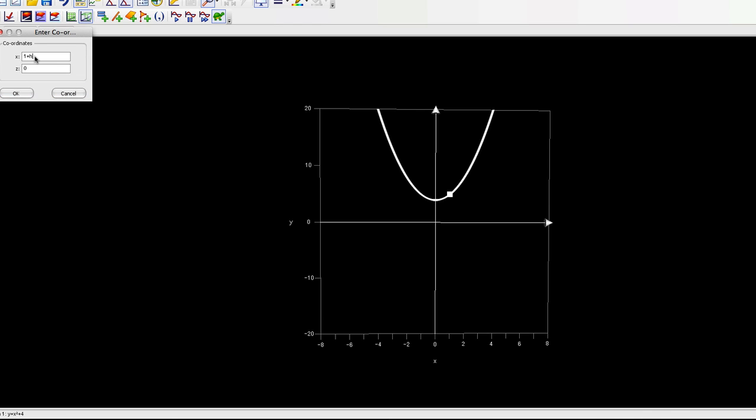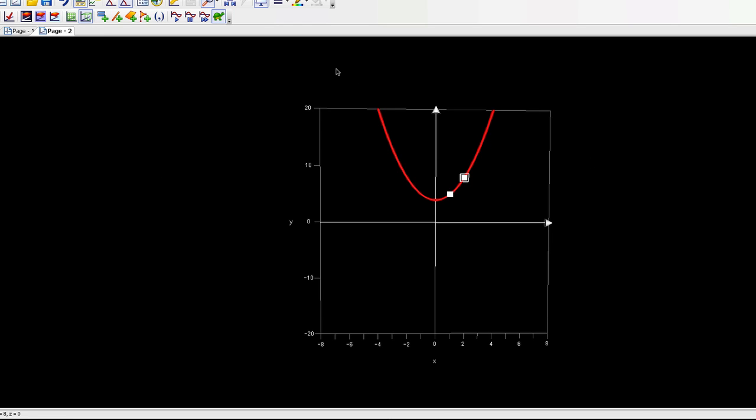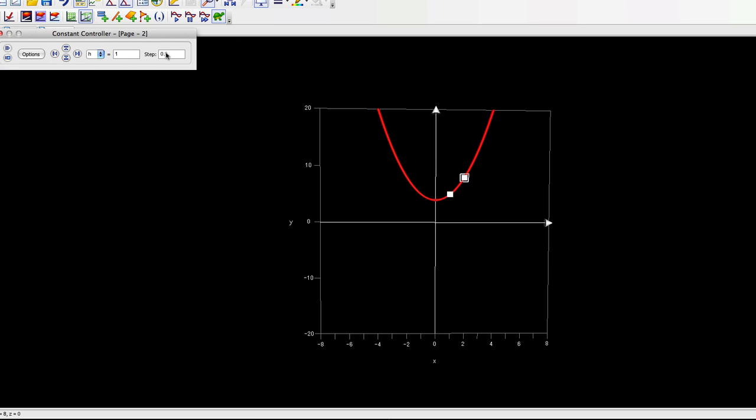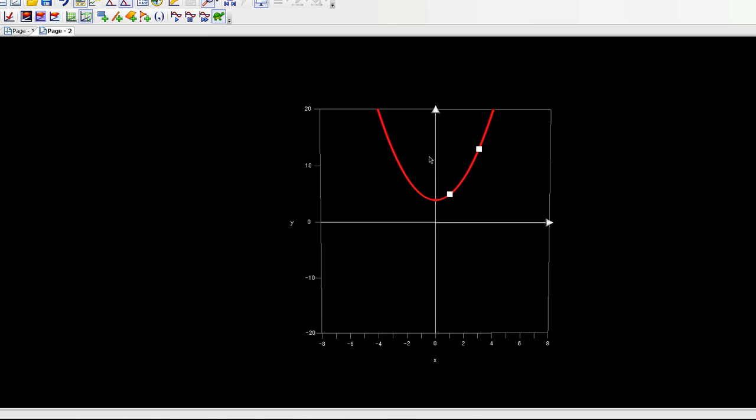The computer always takes a constant to be 1 at the start, so this is going to end up being where x is equal to 2. I'm going to move it along to about here. Okay, so they're my 2 points on the curve.